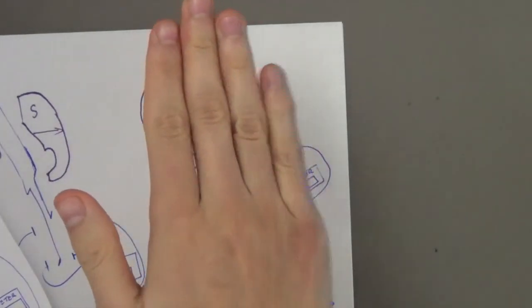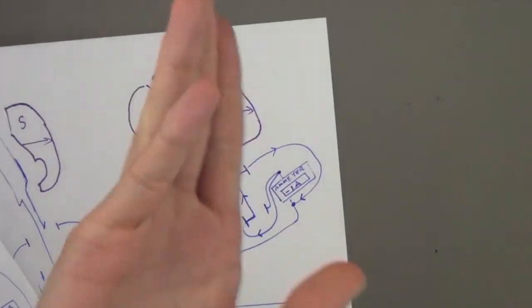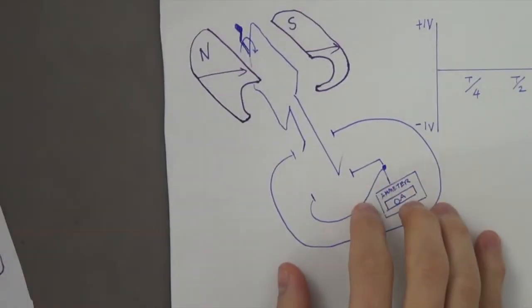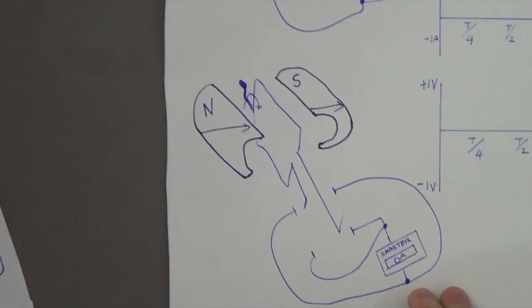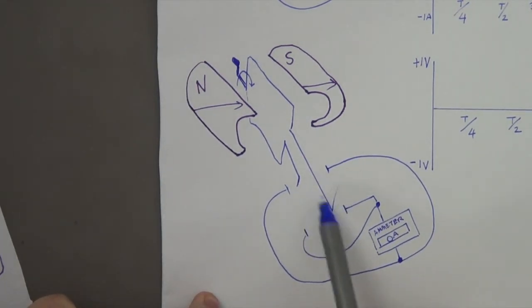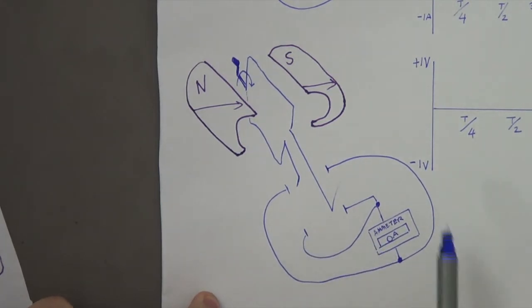We started off like this, gone like that, then like that, and the last bit is going to go like that. So here's my last diagram. Notice again these connectors do not connect to the connectors of the ammeter at all, so we get a 0 amps reading.